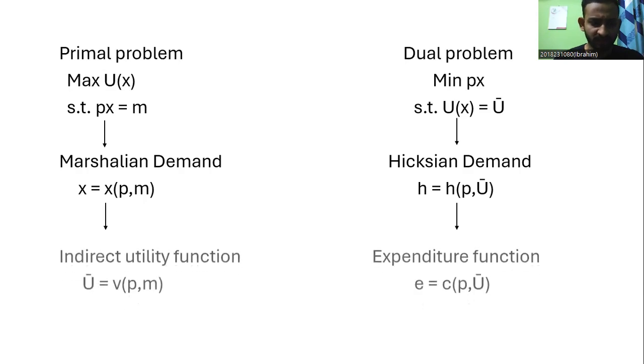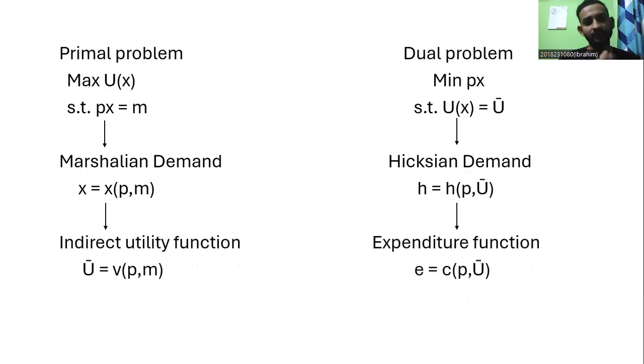If we put our variables into the Marshallian demand, at the end we can get the indirect utility function, which is in terms of price and money. So that will be our indirect utility function.